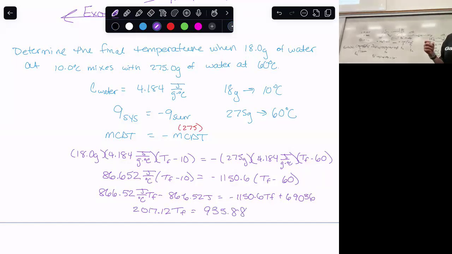And then you can solve for T final by dividing.